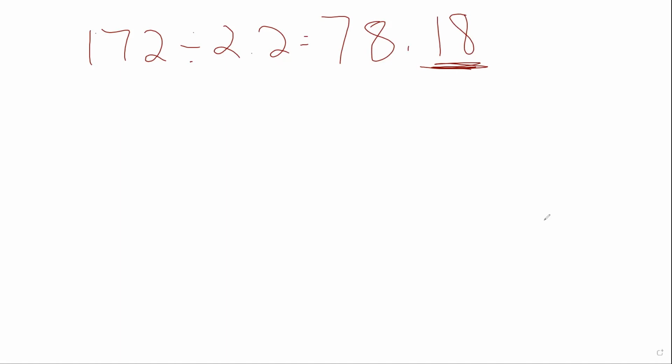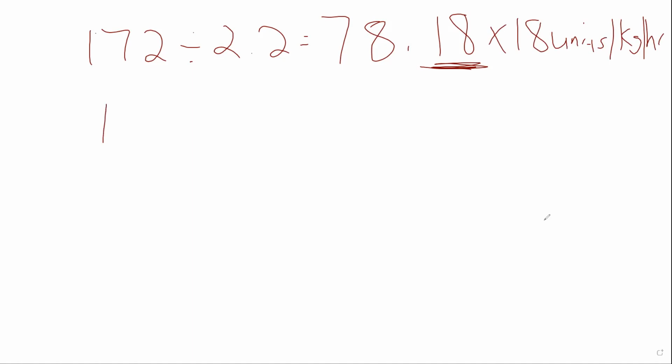Okay, the next step is to multiply this times the ordered dose. Our ordered dose is 18 units per kilogram per hour. So we're going to multiply that times 18.